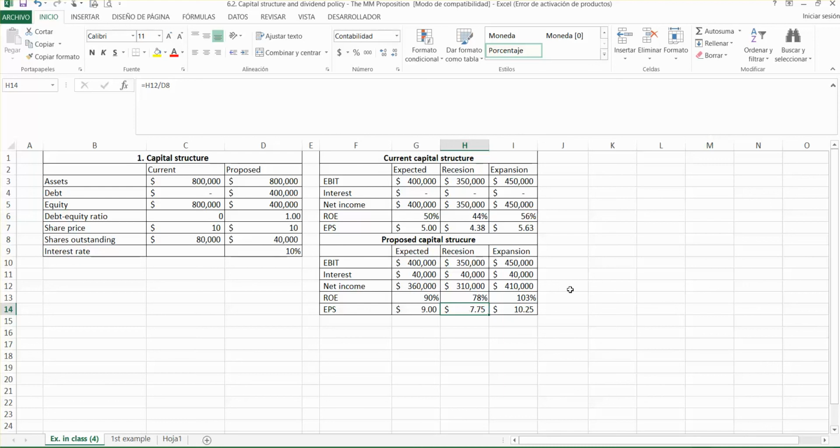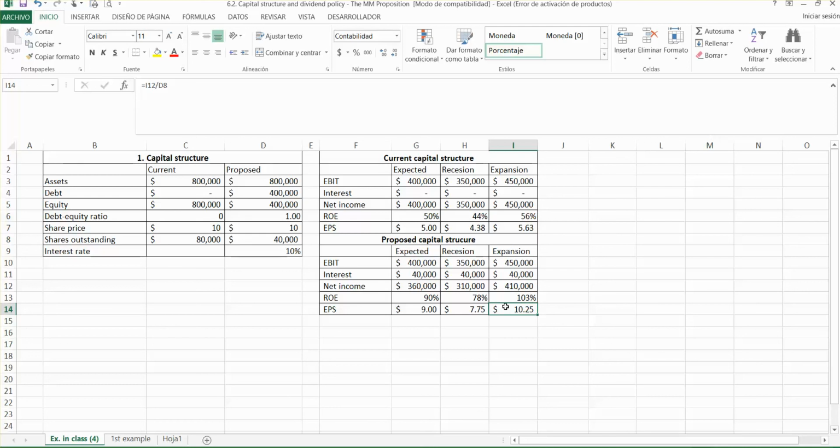But in expansion option, yes, there is a lot of difference, because the equity per share is 5.63, and for expansion in the proposed option it's 10.25. So it's like the double. That's where we can see that it's more optimal, or it's better to get leverage in our firm.